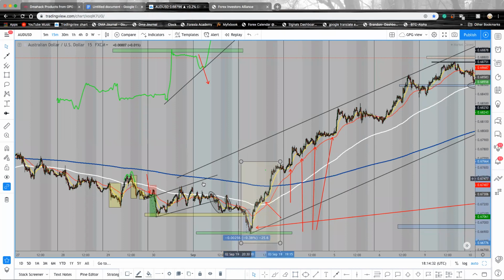Wait for this shift to happen and then take any daily structure that is respecting your EMA. So your entry would be here and all this up here, okay?